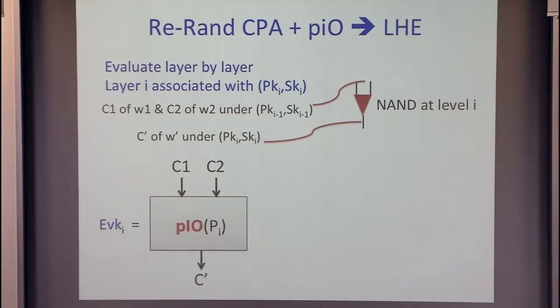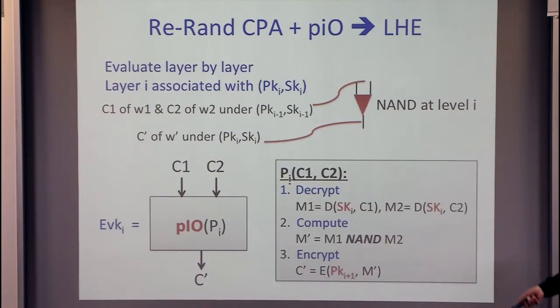Well, the most natural idea to enable this step is I'm just going to obfuscate a program that takes in two ciphertexts, decrypts them using the secret key for that layer, then computes the NAND and re-encrypts. Everybody would like this paradigm to work out because it's really natural.